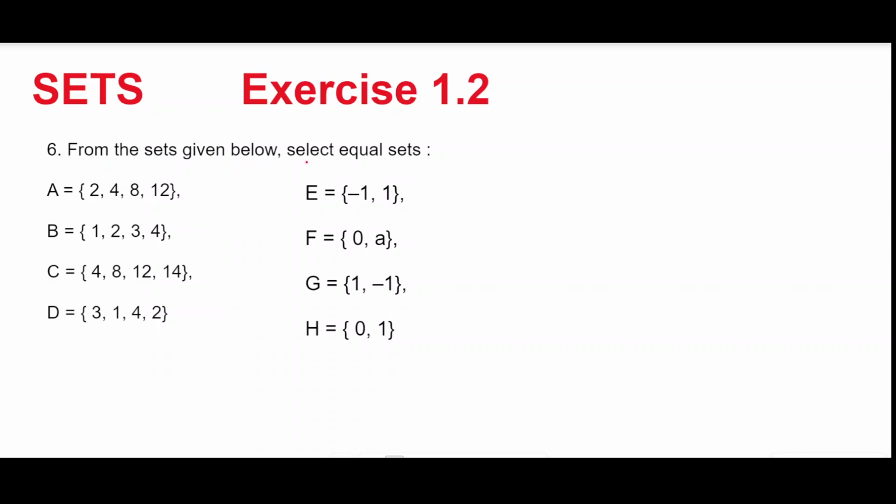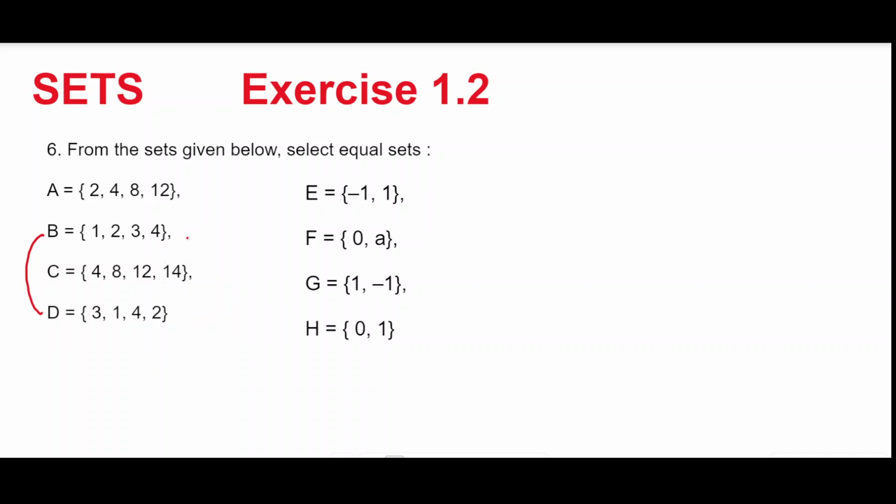From the sets given below, select the equal sets. Consider 2, 4, 8, 12 in A. Here there is a similarity: 2 is an element, but 8 is not an element here, and 12 is not an element here. So we can say that B and D are equal, because 1, 2, 3, 4 and 1, 2, 3, 4, the number of elements and the format of elements are the same.